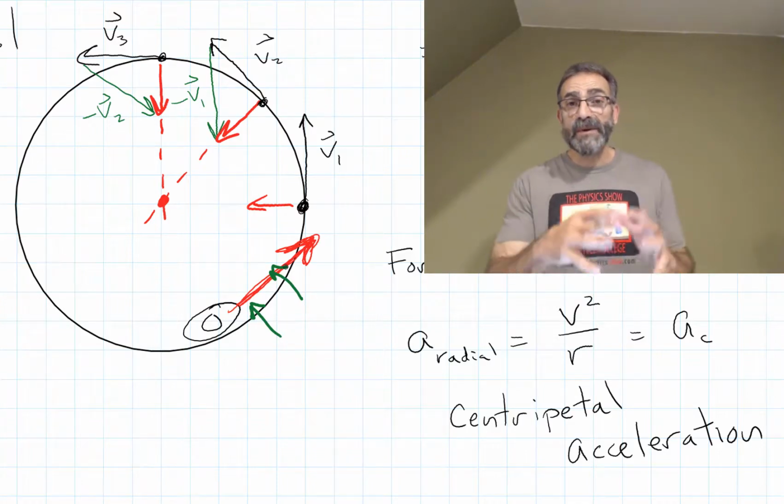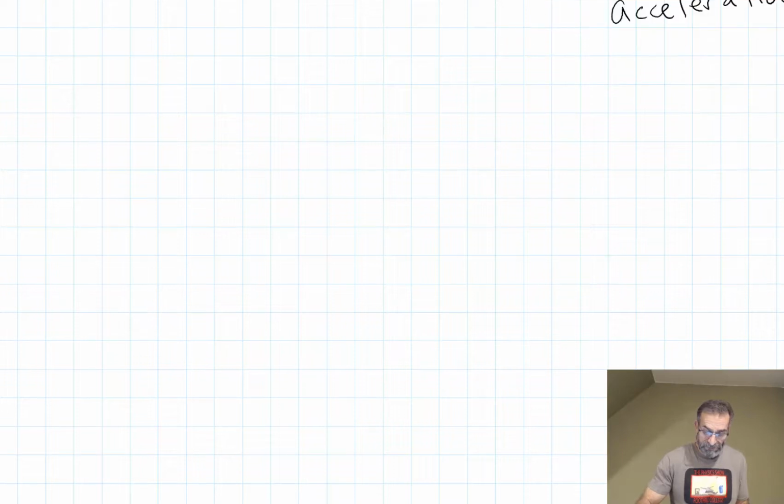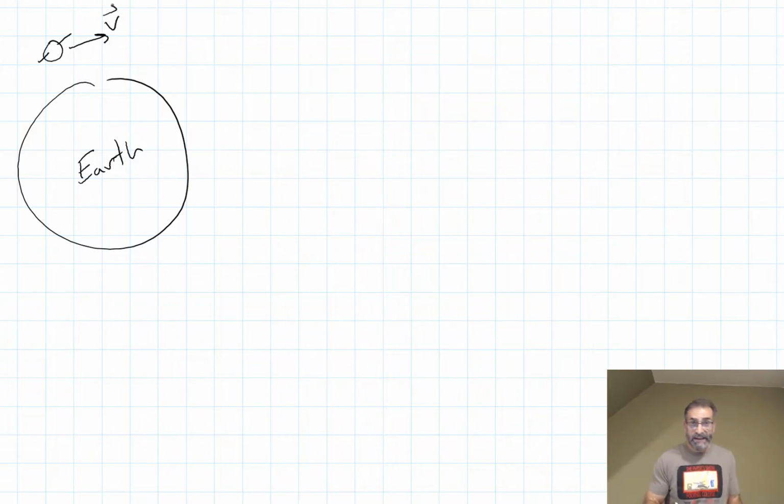It's the same forces we've been seeing. For example, if this is the Earth and we put up a satellite, what do we do when we launch a satellite? We give it a push, give it an initial velocity, and we let gravity do the rest.